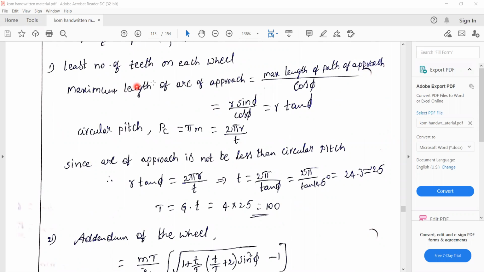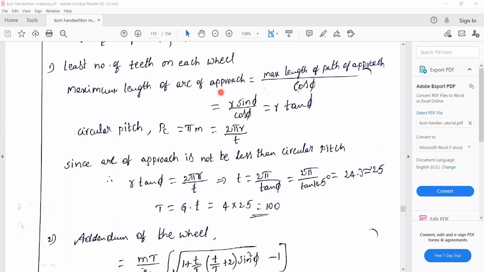To find the least number of teeth, the maximum length of arc of approach equals the maximum length of path of approach by cos phi, isn't it? That is the general formula.